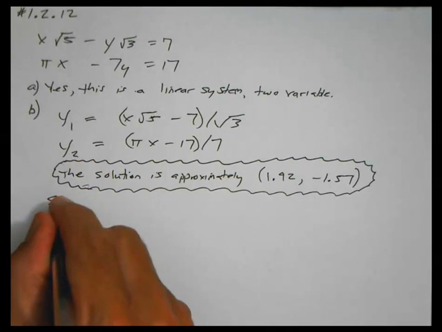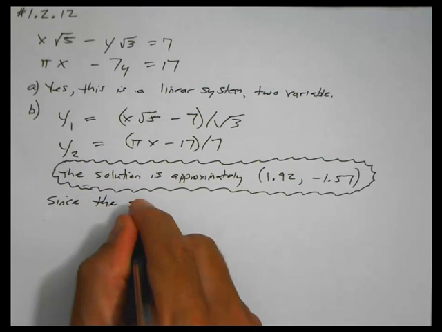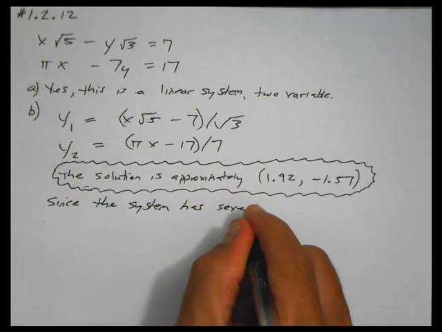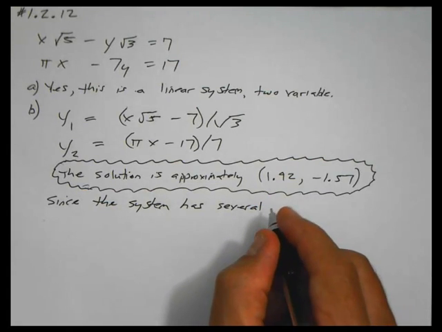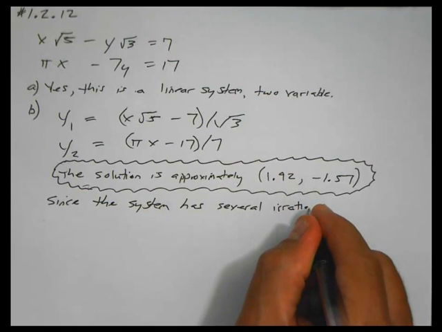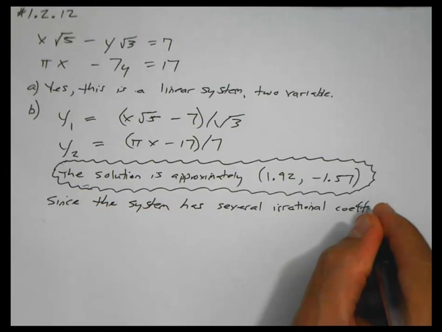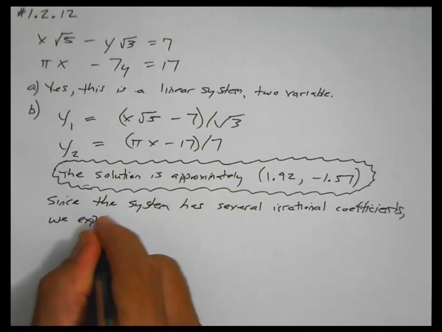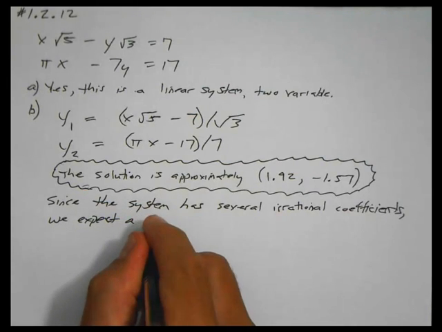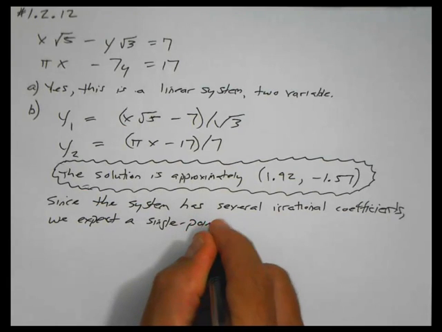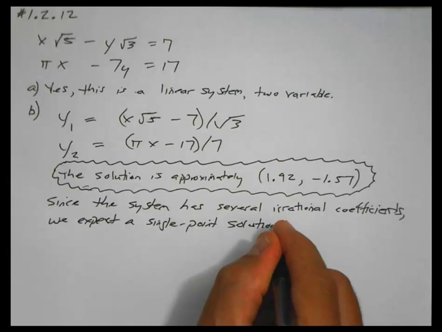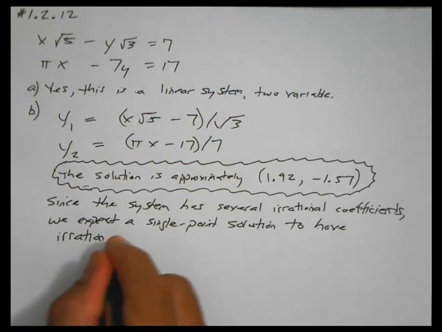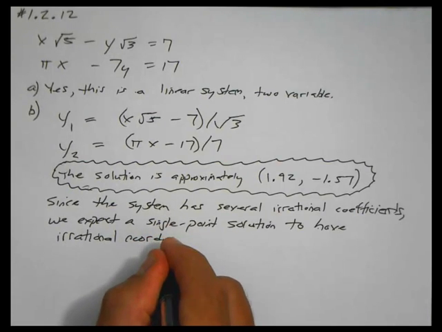First, let's point out, since the system has several, and really it only takes one, but this system happens to have several irrational coefficients, we expect a single point solution to have irrational coordinates.